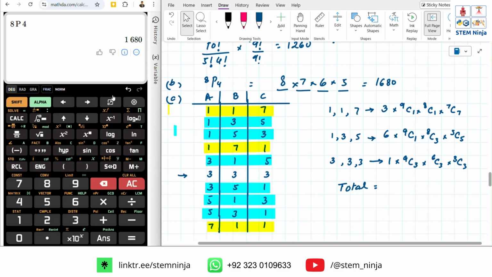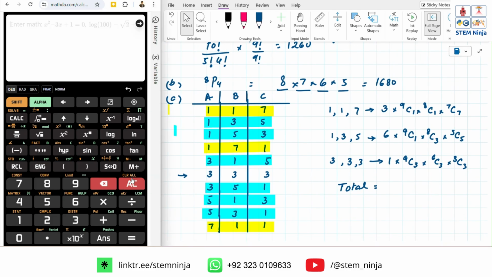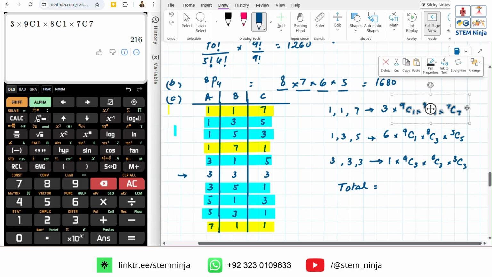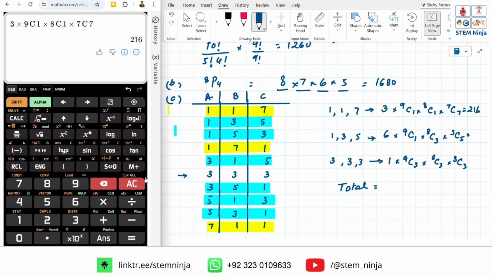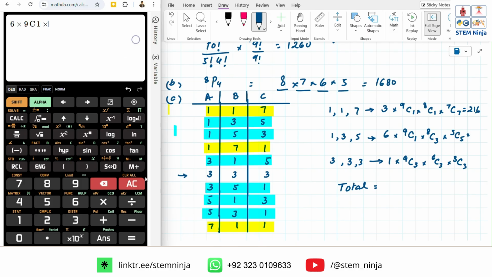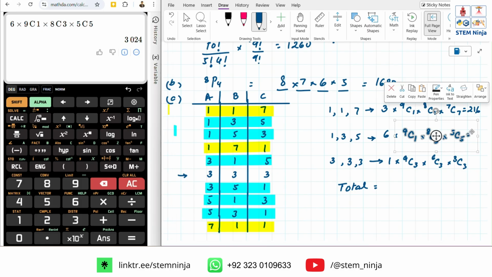So let's find out the individuals. So 3 times 9C1 times 8C1 times 7C7. So this is 216. Then we have 6 times 9C1, 8C3, 5C5, which is 3024.